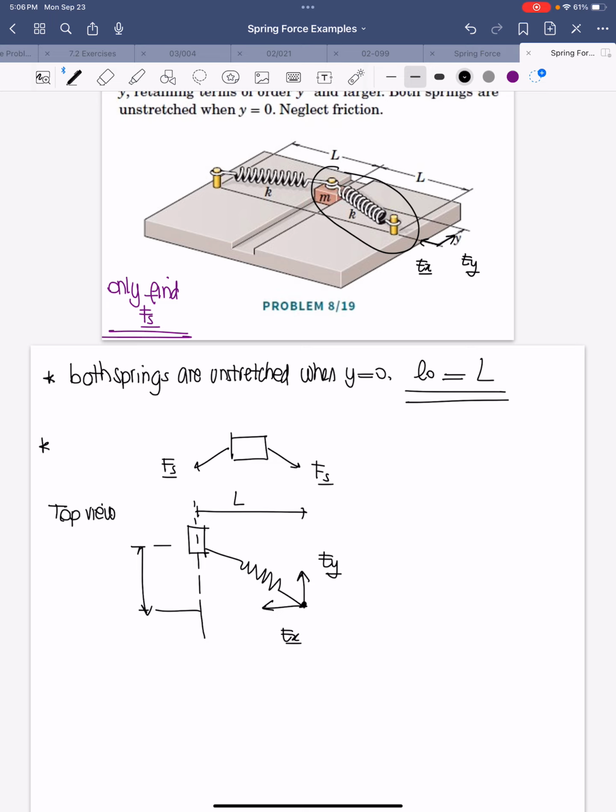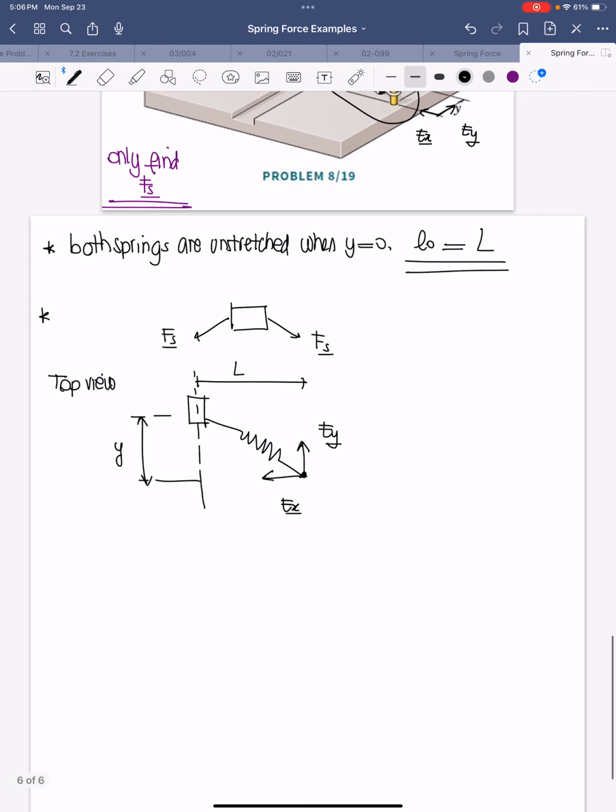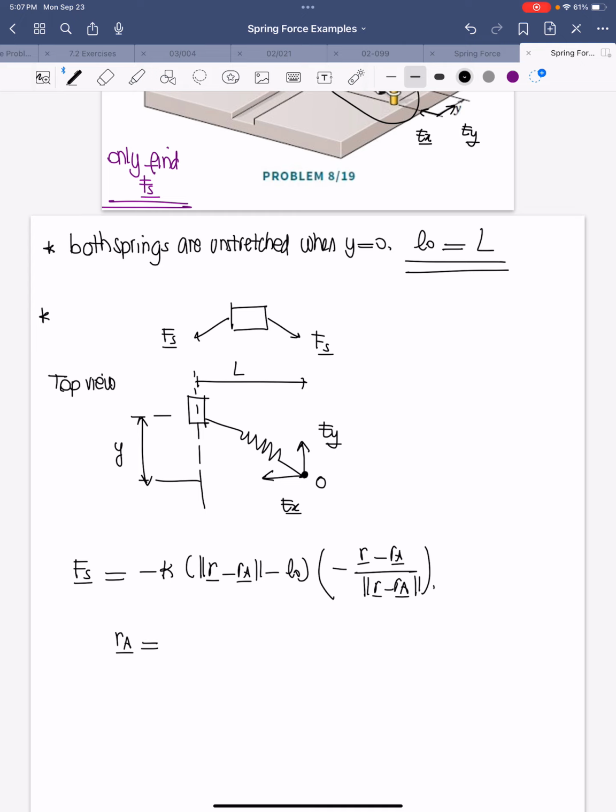And this distance is y. So then if I want to write the spring force, it is minus k times the magnitude of r minus r_A minus L_0, times r minus r_A over the magnitude of r minus r_A, because I took my origin to be at r_A, which is here 0. And what is r?